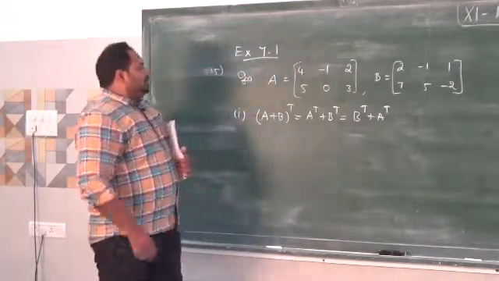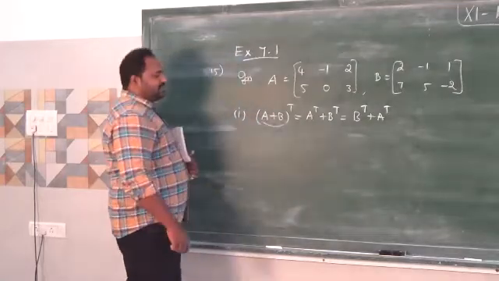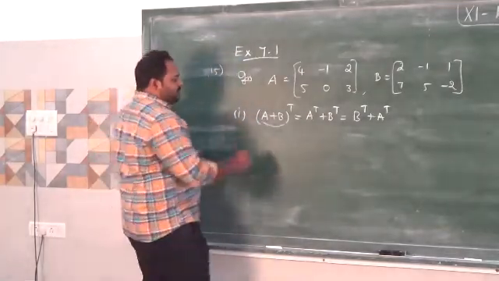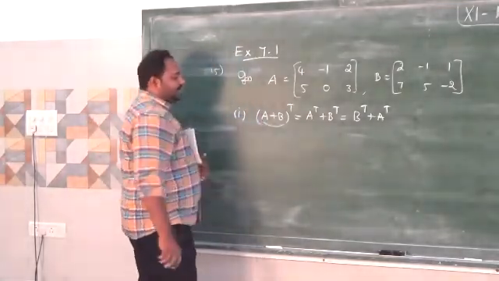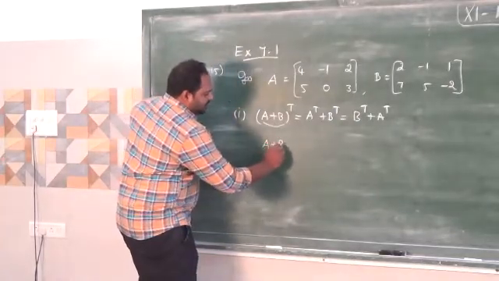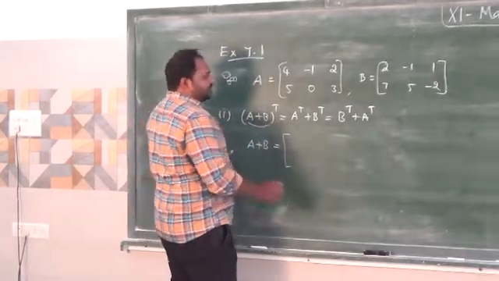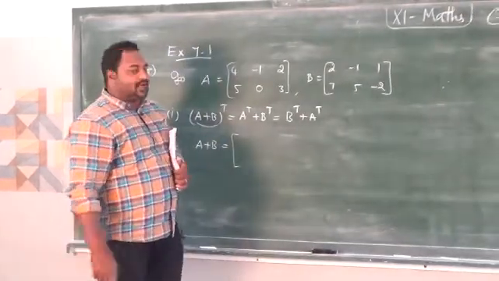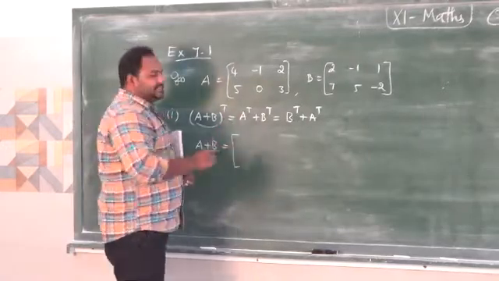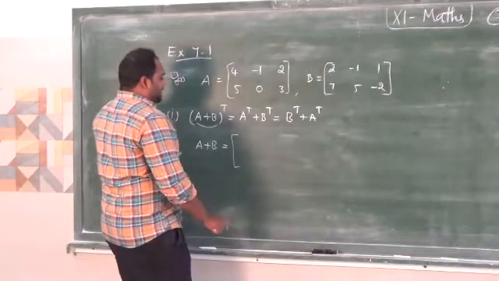First let me find the value of (A plus B) transpose. For that, first we have to add the matrices A and B. We can add A and B directly, because we are very familiar with addition, subtraction, and multiplication of matrices.